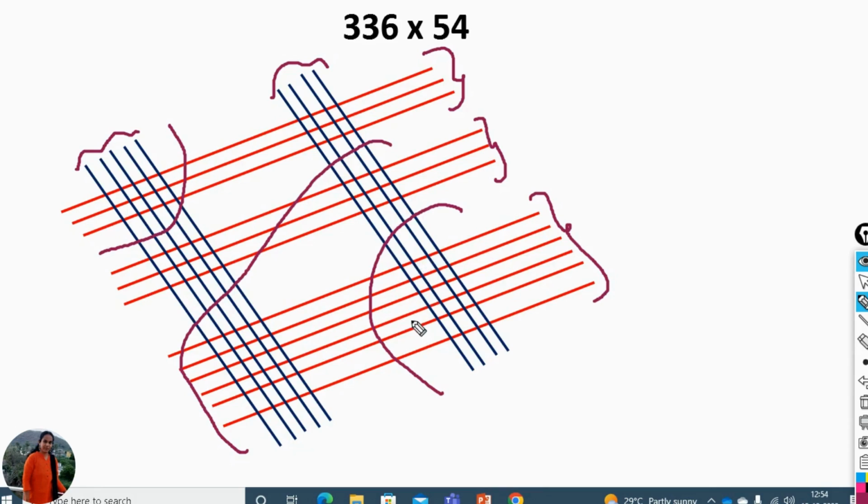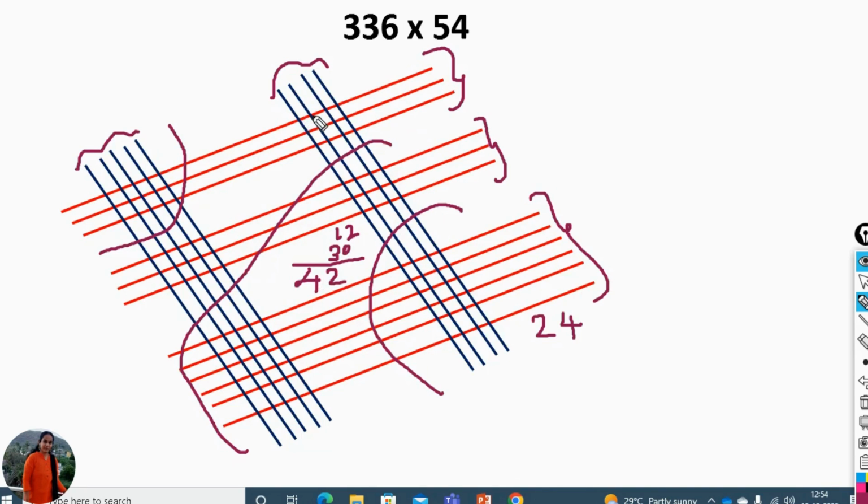So intersecting points will be 4 into 6, 24. Here 4 blue lines and 3 red lines, so 4 into 3, 12, plus here 1, 2, 3, 4, 5, 5 blue lines and 6 red lines. So 5 into 6, 30. So the total is 42.